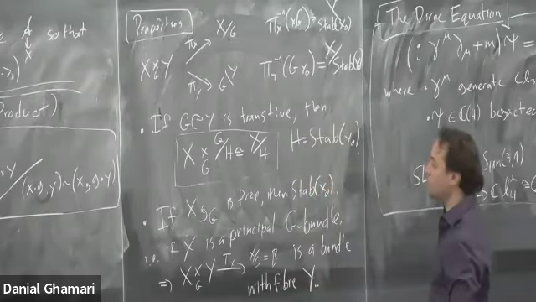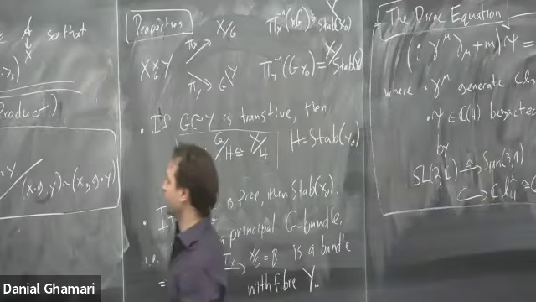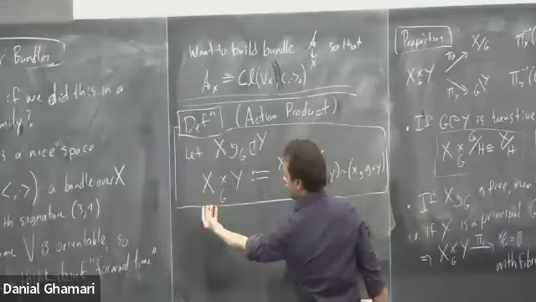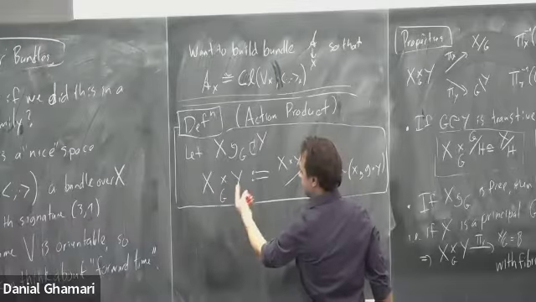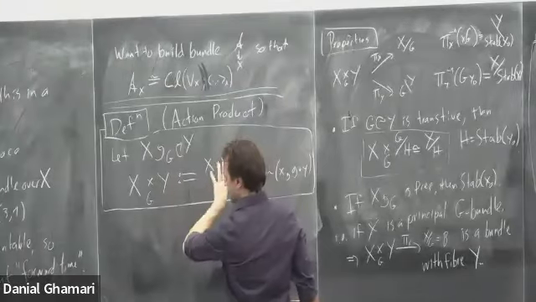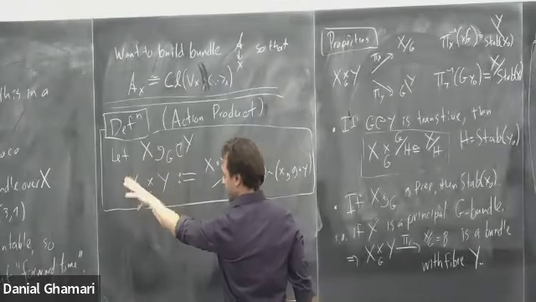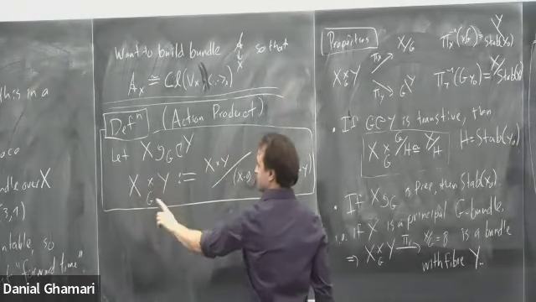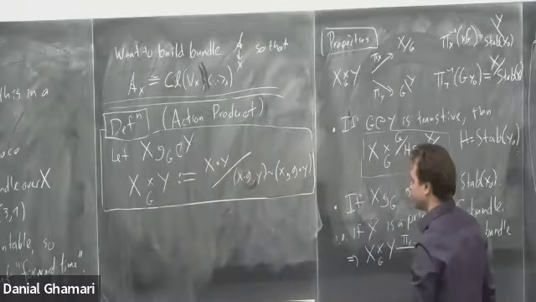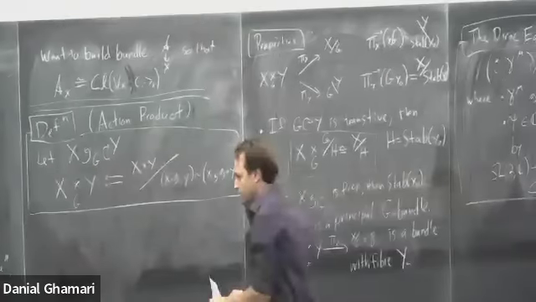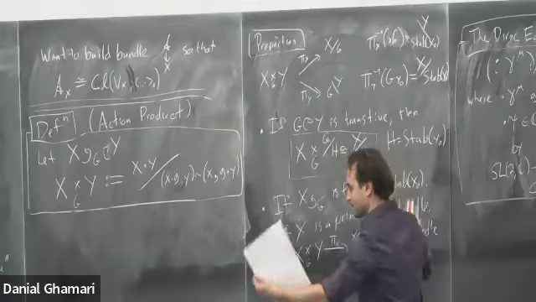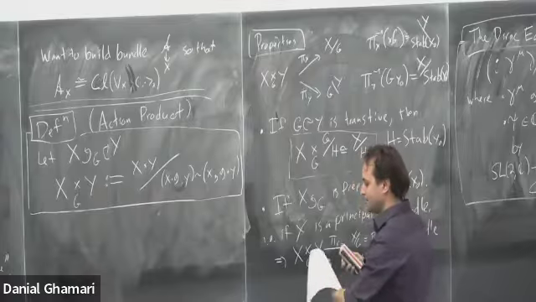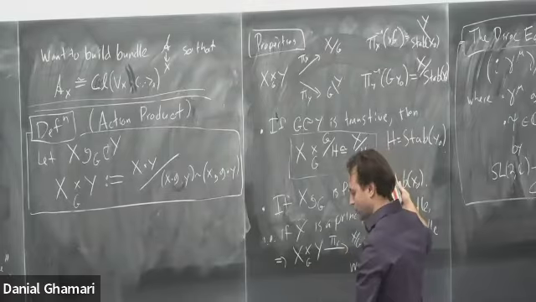So this is one of the effects that this action product has: if one of these is actually a principal G bundle, then by choosing the action of G on anything Y, this product has the effect of replacing the G fibers with Y in a way that depends on the action of G on Y. So this implements our fiber replacement procedure, which we used to do by taking a local trivialization, with all of these transition functions that come from a group representation.